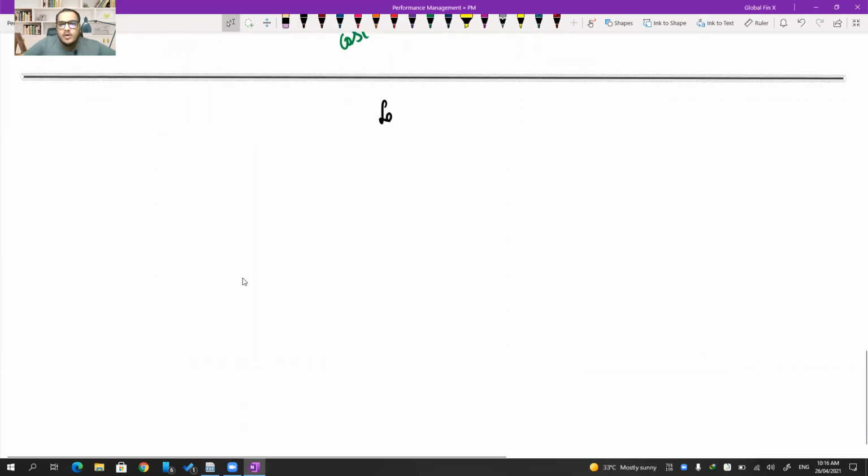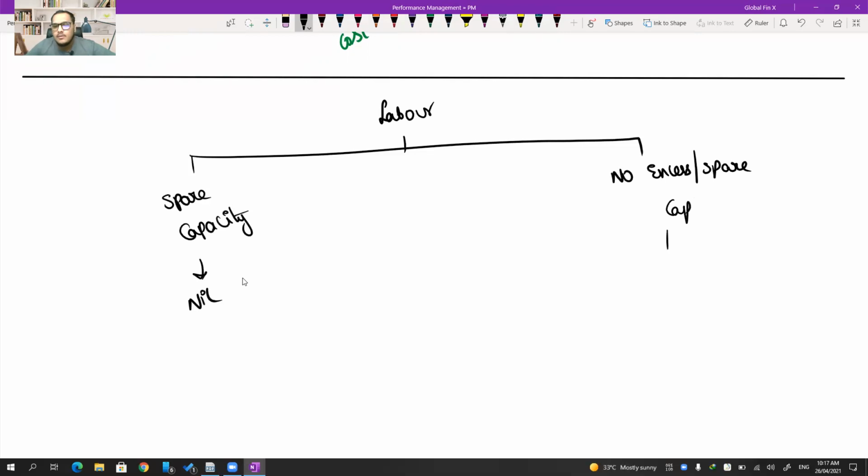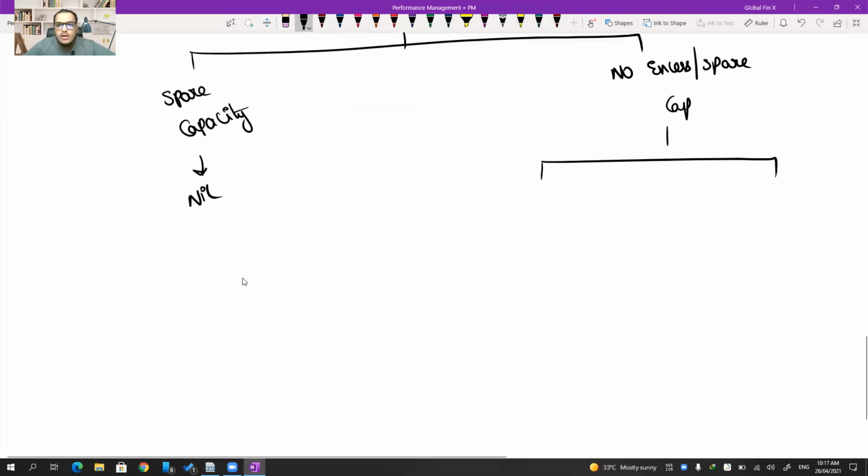So if I'm talking about labor, spare capacity, nil. If there is no excess capacity or spare capacity, hiring or using existing labor.